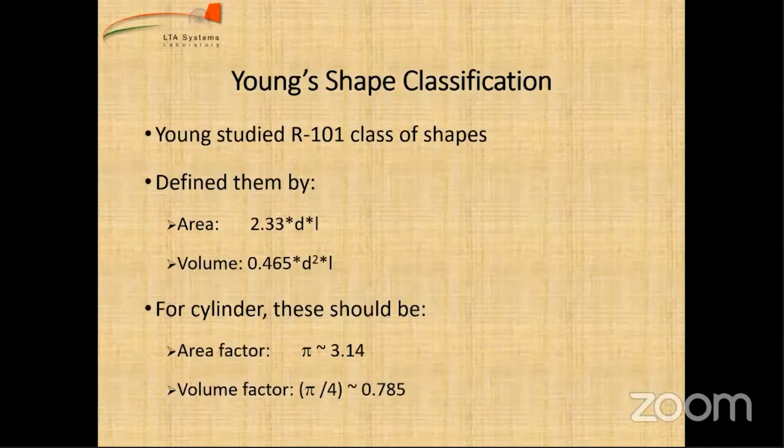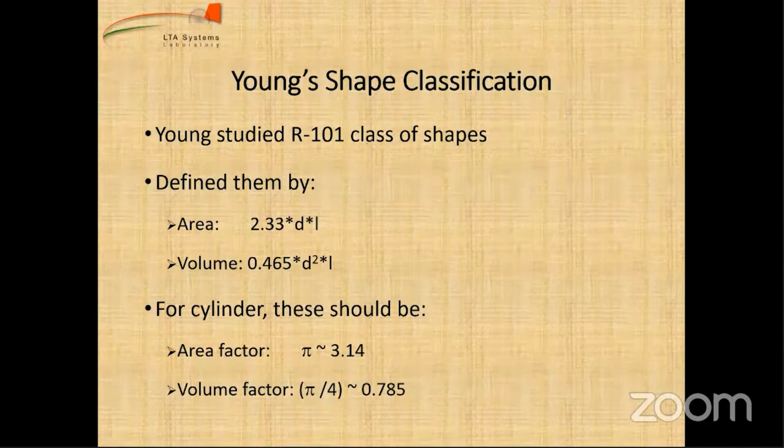Let me try to explain, Saurabh. There was a scientist called Young. He studied many different airships. He plotted their areas and calculated the volumes. And then he found a correlation between the diameter, length, area and volume by giving these equations.